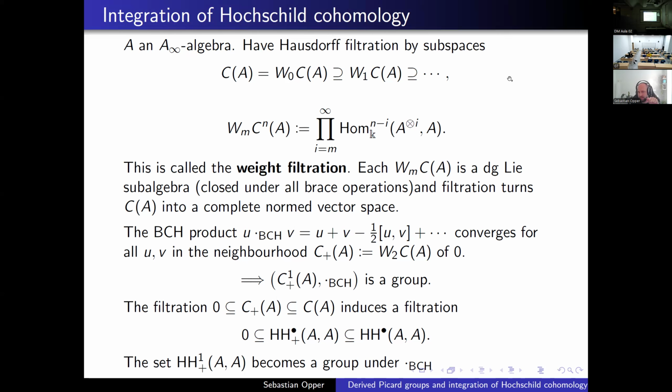So for example, something which lies in W2, so in C plus, but not in W3, would have norm 1 over 2 to the power 2, so 1 over 4. And if you're in 3, the norm is 1 over 2 to the power 3, so 1 over 8. So it gets smaller and smaller. That would be the norm, how you define it.